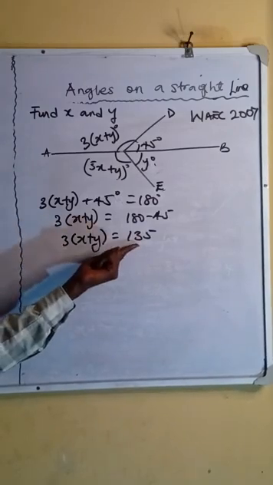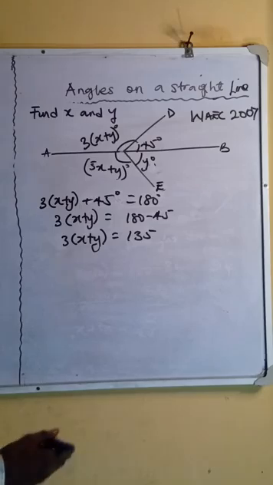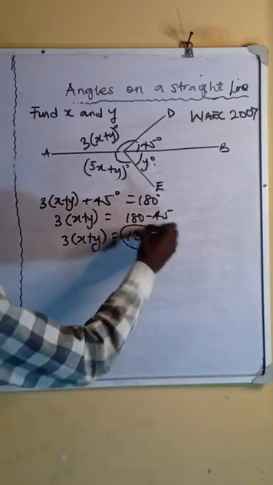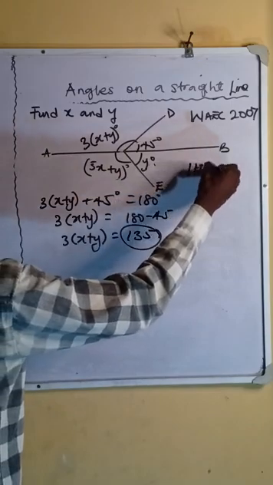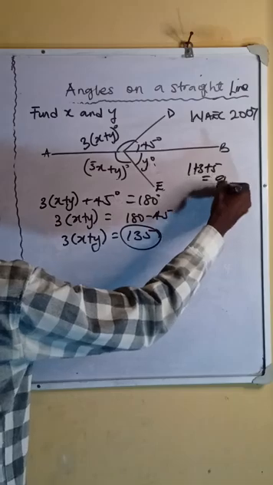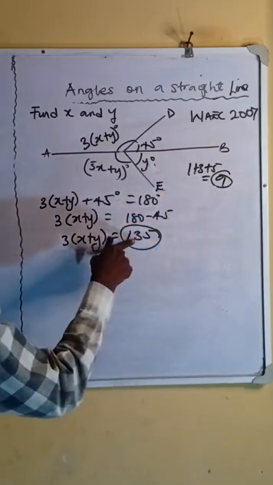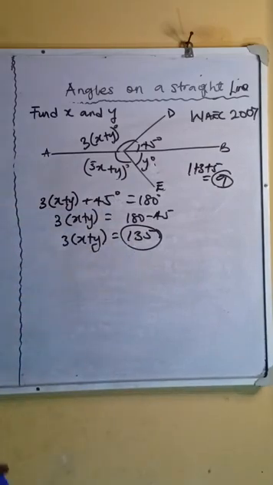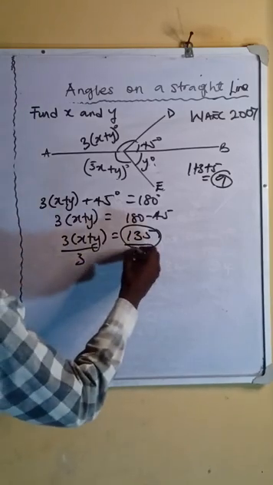But before we divide by 3, we need to check whether this number can be divided by 3. How do you know whether a number is divisible by 3? You add the digits up, and this is 9. Since the sum of the digits is a multiple of 3, it means that 135 can be divided by 3.